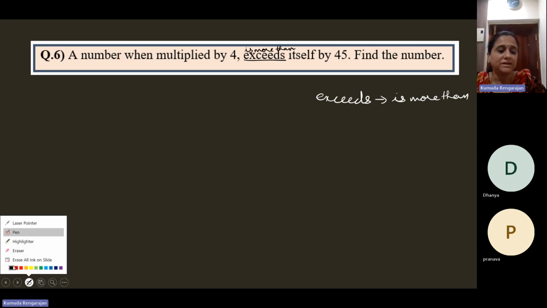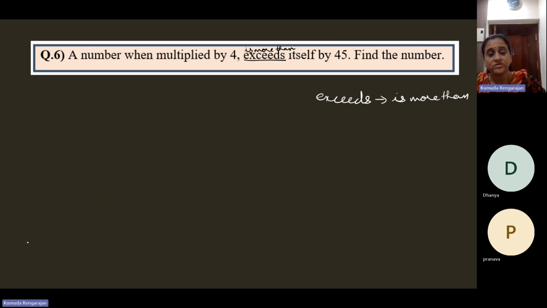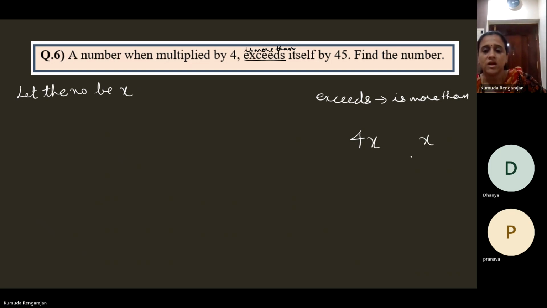So a number when multiplied by 4 is more than itself by 45. So let the number be x. Multiplied by 4 meaning 4x. So 4x is 4 times the number and x is the number. Now this is greater, and this number is greater than this number by 45.